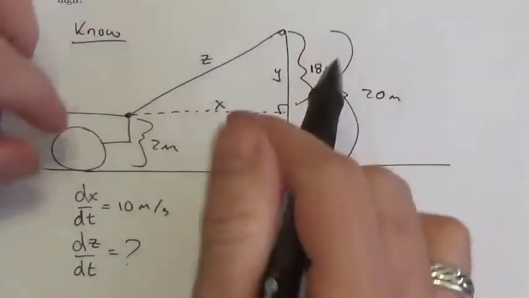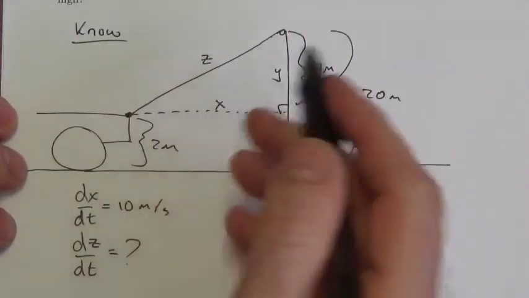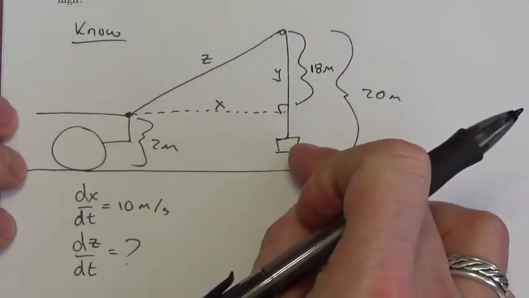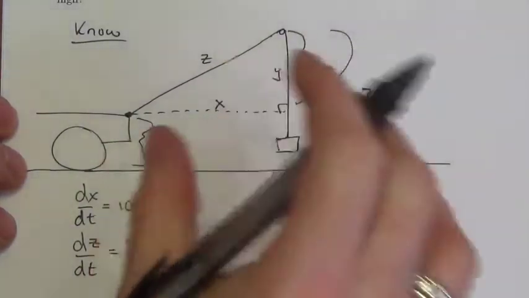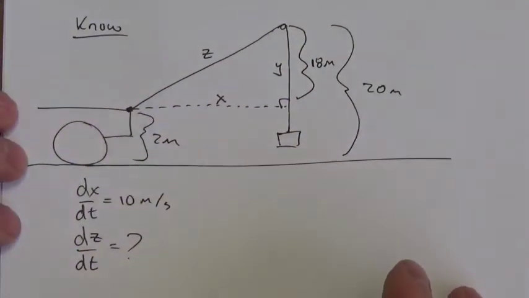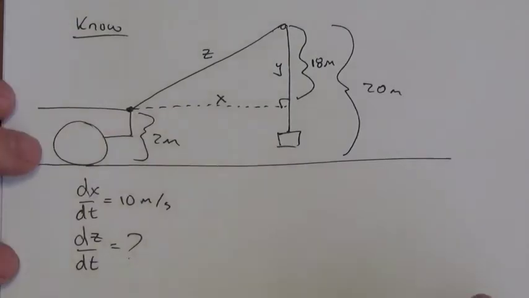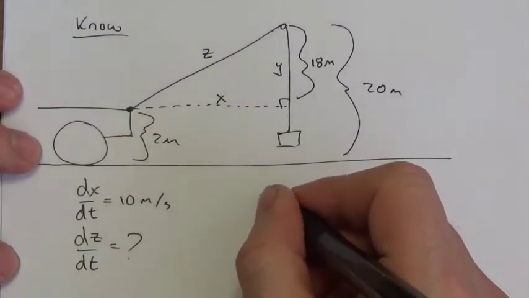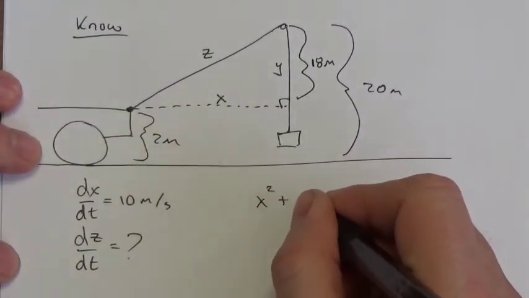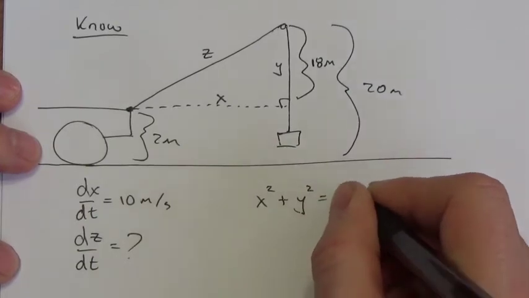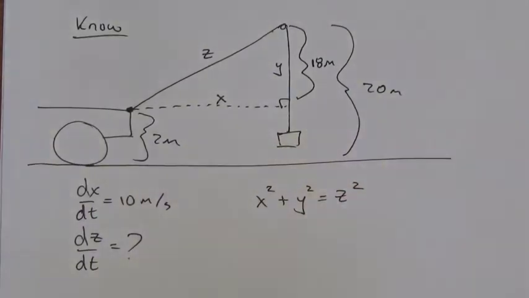Y won't change. So in this diagram, any change in z is going to correspond to a change in the position of the weight. And so that's where we're going to get our relationship from. So we've got x squared plus y squared equals z squared.